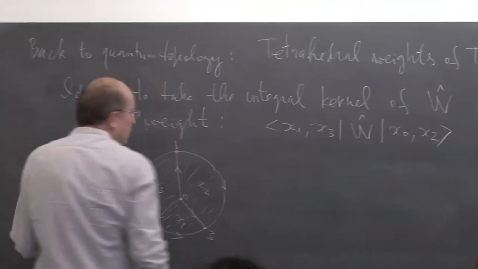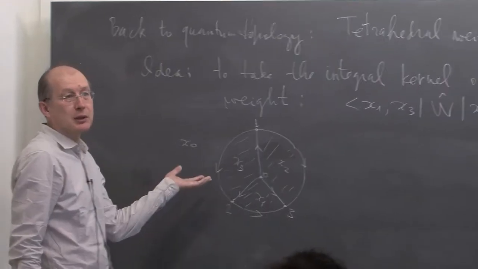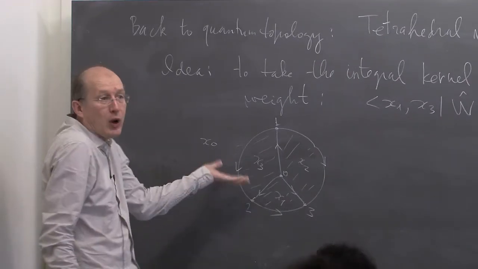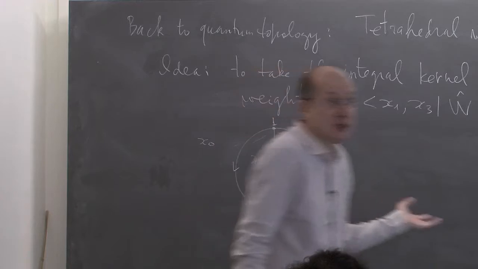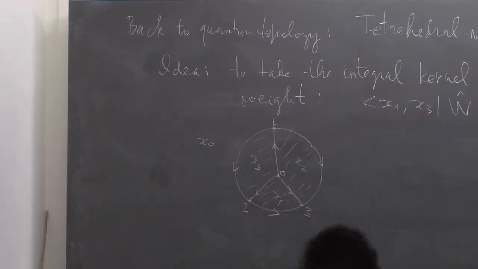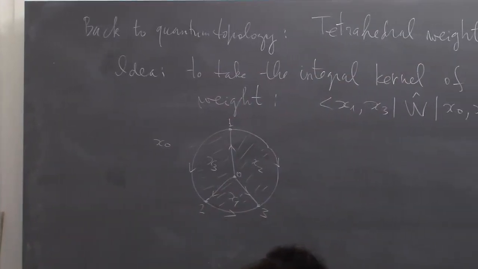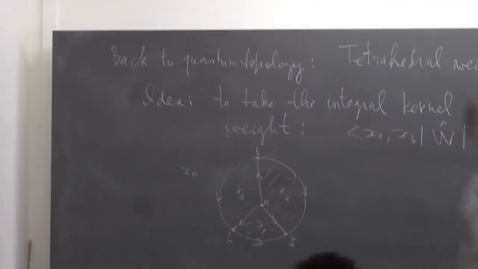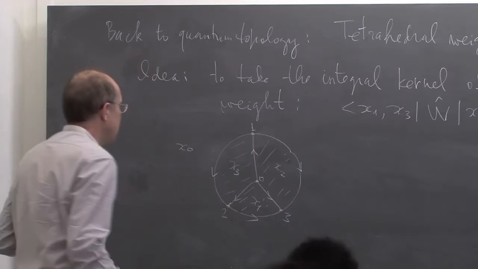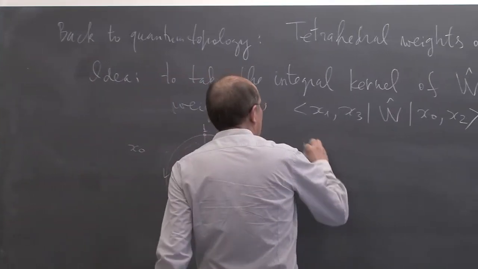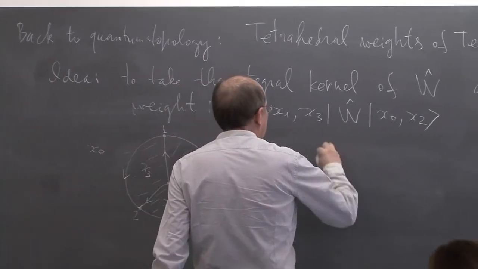Now we should be able to explain why we do so. What is the reason that we associate a tetrahedral weight this way to that integral kernel? The reason is the five-term identity.